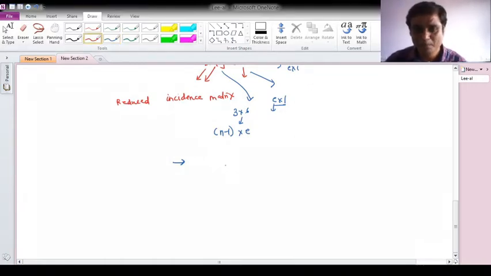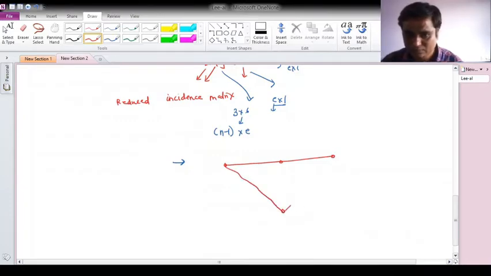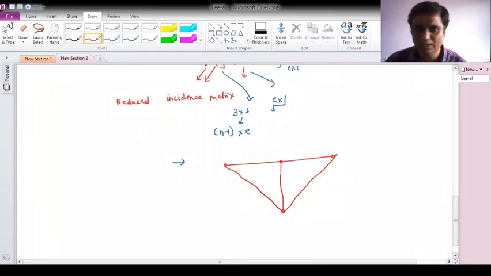So my graph was like this, which was a directed graph, and one more branch was like this, okay. This is A, B, C and O.